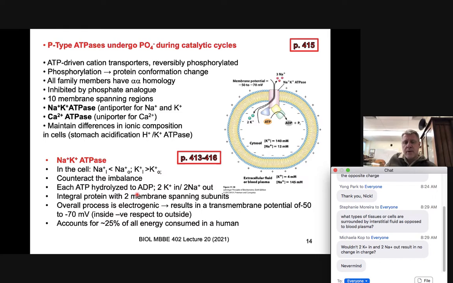This is an integral protein that does this with a number of spanning units, with the ATPase component actually being on the inside, on the cytosolic side of the cell. So this is the driving system that allows that endergonic energy system to have an exergonic coupled reaction to allow this to occur.